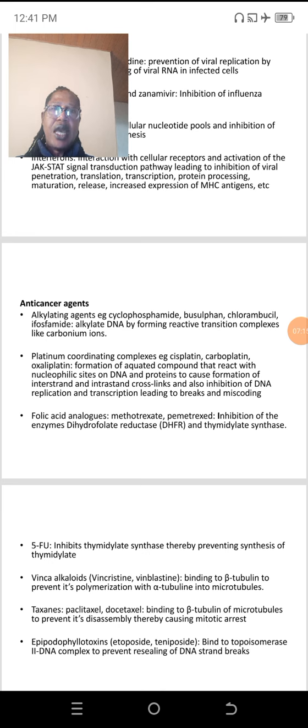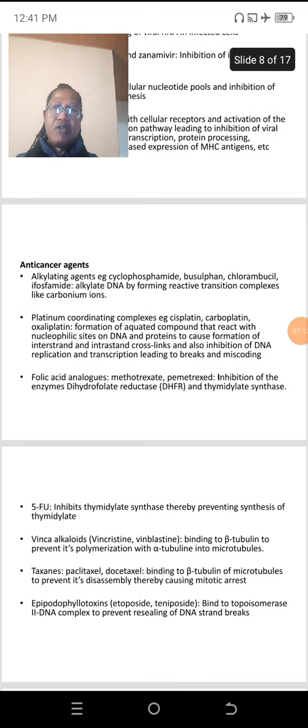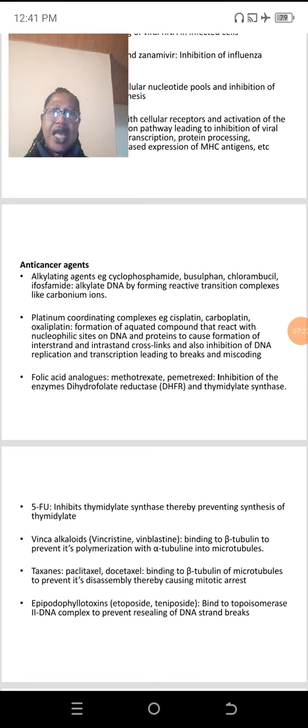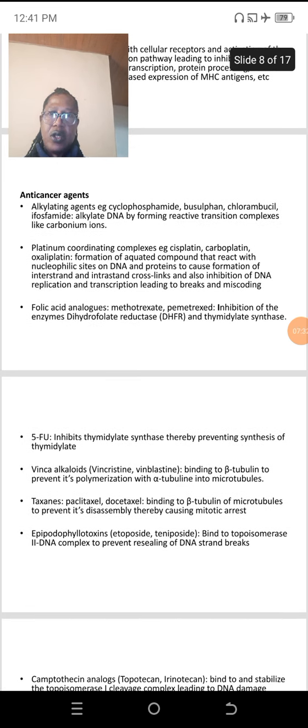to breaks and miscoding. The folic acid analogs, examples of which are methotrexate and pemetrexed, inhibit the enzymes dihydrofolate reductase and thymidylate synthase. 5-fluorouracil inhibits thymidylate synthase, thereby preventing synthesis of thymidylate.